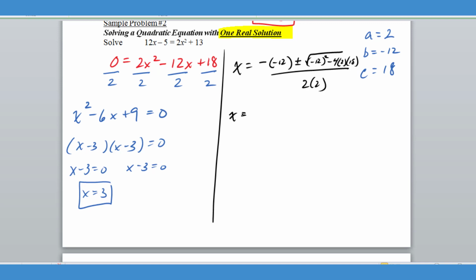And that's going to leave you with 12 plus or minus the square root of 0 over 4, which is going to be 12 over 4. And so then you're just going to get simply x equals 3, in the same way that you did with the perfect square trinomial. So that's a unique situation that you'll see from time to time.